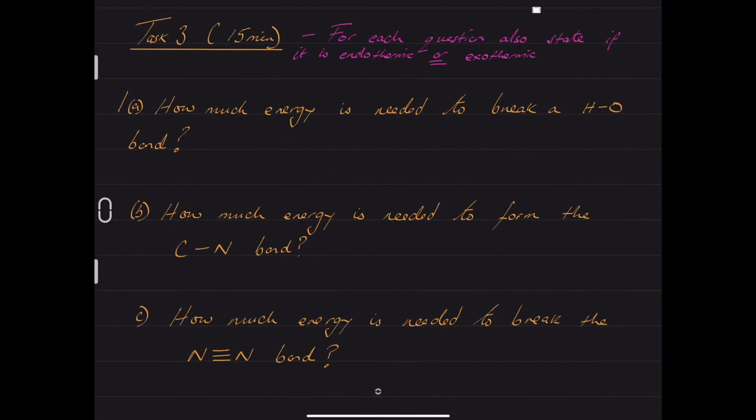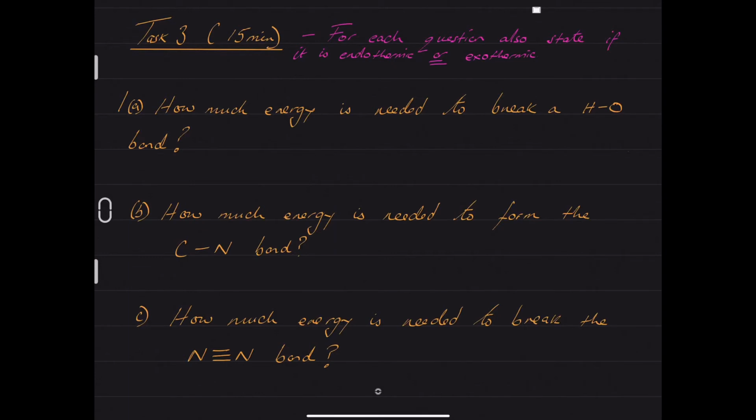So you'll be typing this on a Word document and submitting it back to Teams. And can you put the subheading task 3 and then can you number the questions accordingly? You do not need to type out the questions, but you must put task 3 and number the questions accordingly. And for each question, you must state if the reaction is endothermic or exothermic.